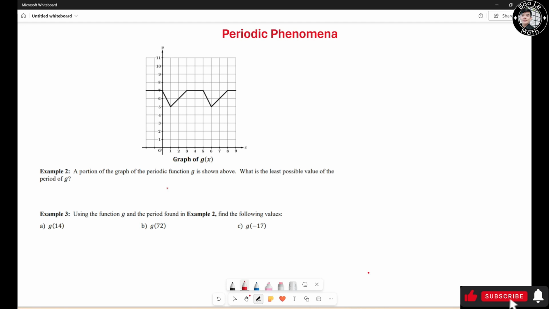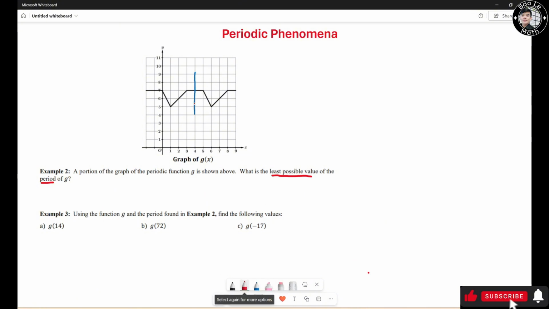Now let's move on to the second example. A portion of the graph of the periodic function g is shown above. What is the least possible value of the period of g? Alright, so we need to find the length of the input values it takes for the function to complete one cycle. So we need to know where it starts and where it ends. We look at this one, we see that the pattern starts from here.